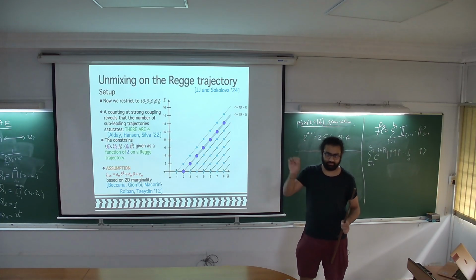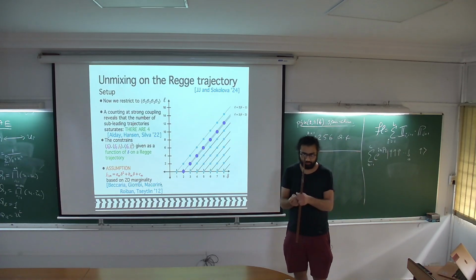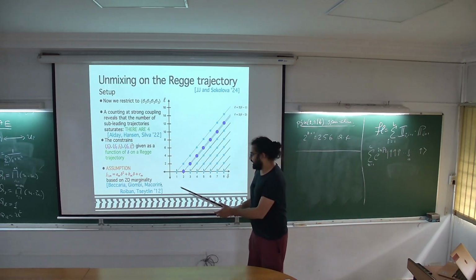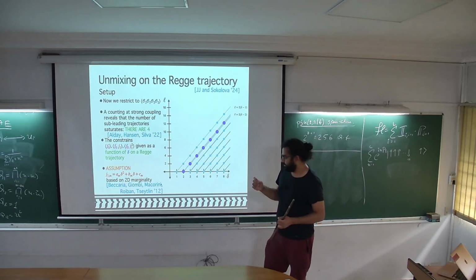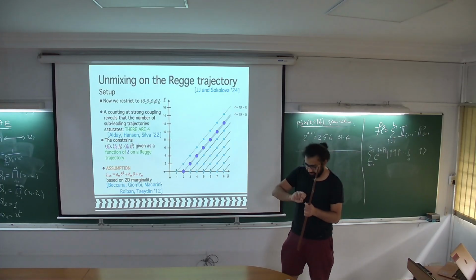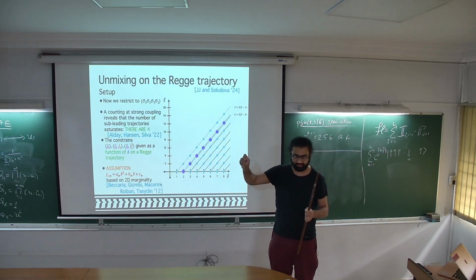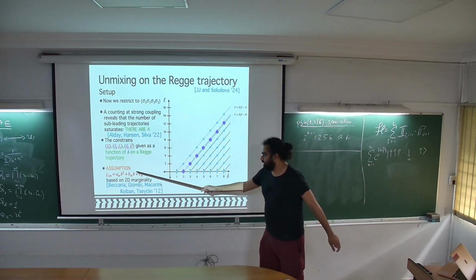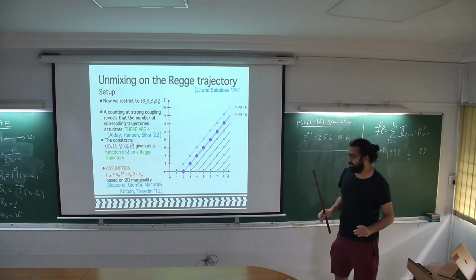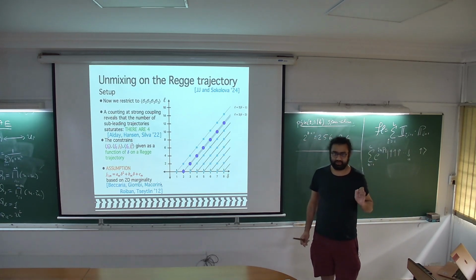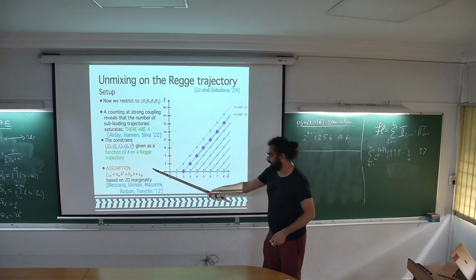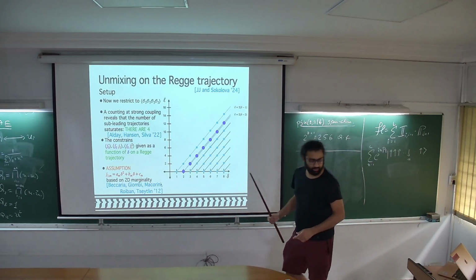If you fix a rigid trajectory, mass level and spin are not the same thing, but they are both moving you on the trajectory. So the assumption was the following: if you translate in the mass level on a rigid trajectory, then J1 should go like a polynomial, A delta squared plus B delta plus C. So this is an assumption that we put in. We assume that J1M goes like this.